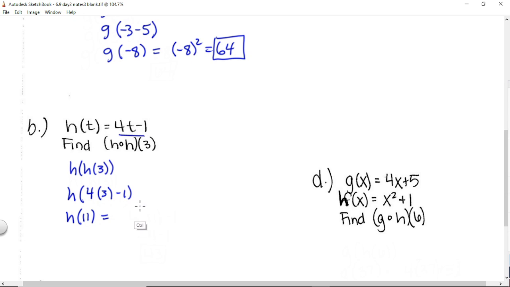We get 4 times 11, plugging it in for t, minus 1. And now we can evaluate that. That's 44 minus 1, which is 43.